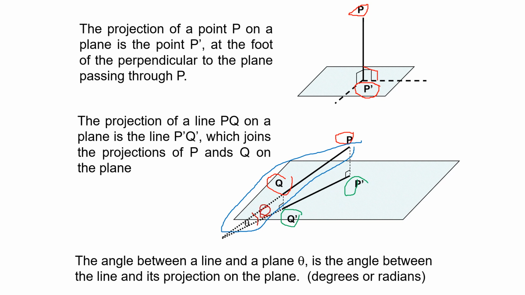So if you need to find the angle between the line and the plane, first you need to identify where P prime and Q prime are on the plane, and then you can calculate theta, which is the angle between the line and the plane at the bottom of P and Q.